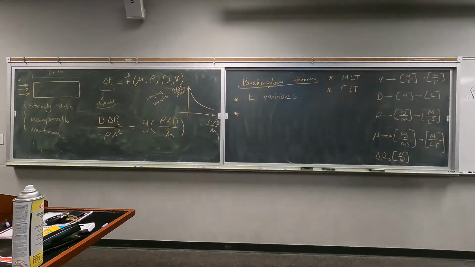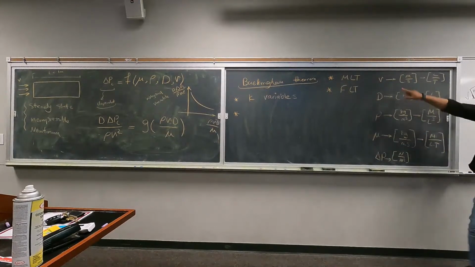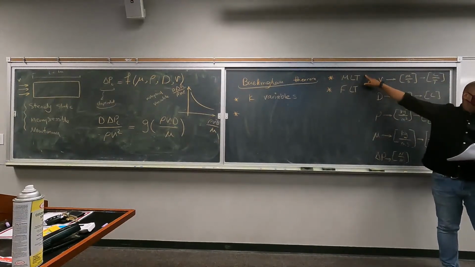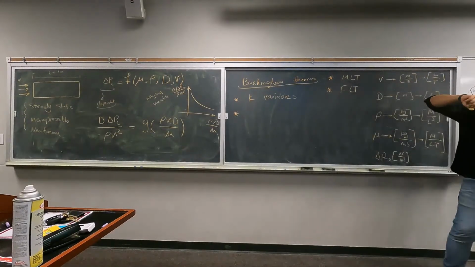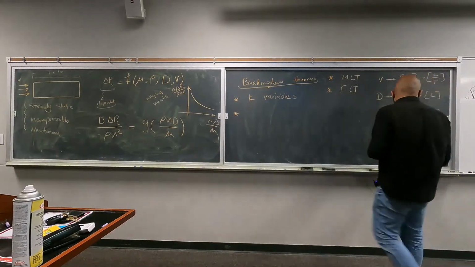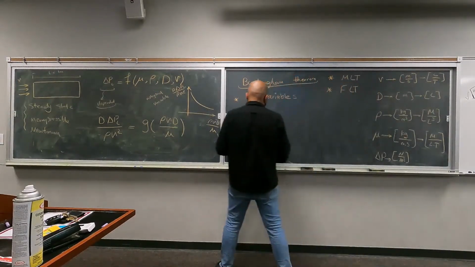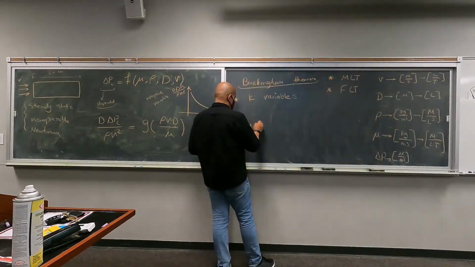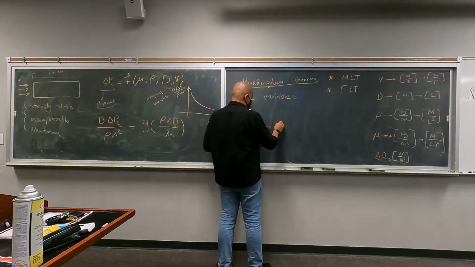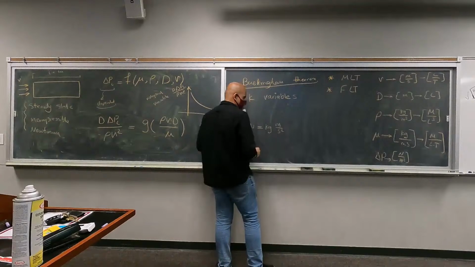Is newtons a primary dimension in the MLT system? No, right? Because the primary dimension here is mass, not force. So we have to transform this to the primary dimensions. Newtons is force, equal to mass multiplied by acceleration, so kilograms meters per square second, right?